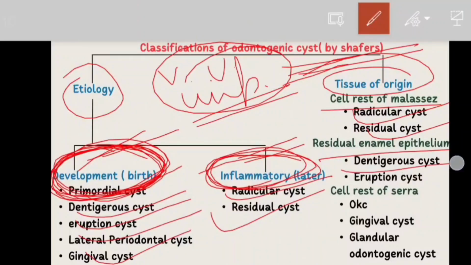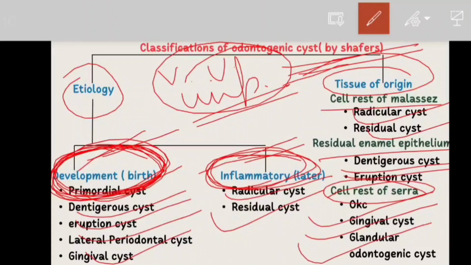Here the dentigerous cyst and eruption cyst. When you see the name enamel epithelium, think about the cyst arising from tooth development related epithelium remnants. Now the third one is cell rest of Serre. This is another odontogenic epithelium remnant which is involved in the origin of odontogenic cysts. The examples are OKC, gingival cyst, and glandular odontogenic cyst.